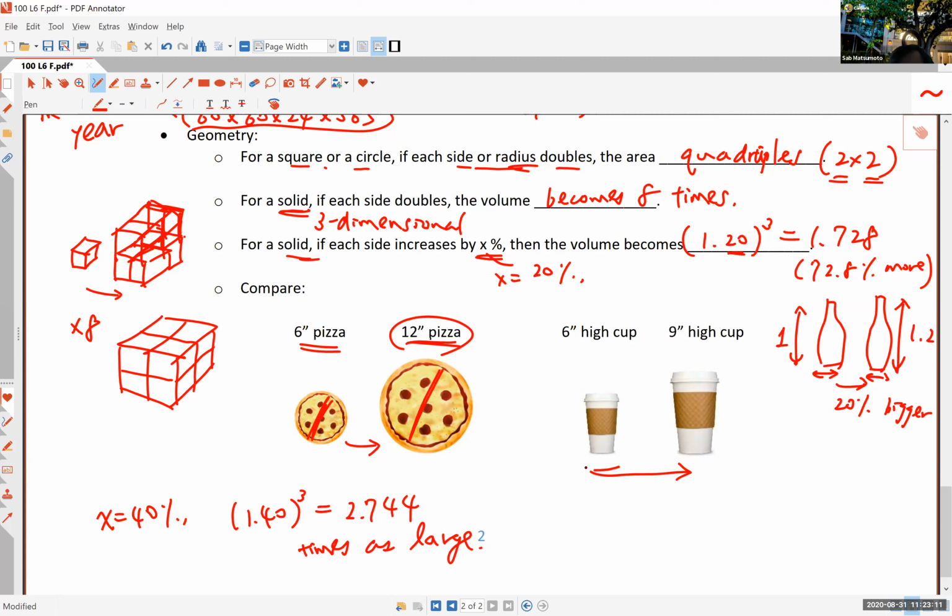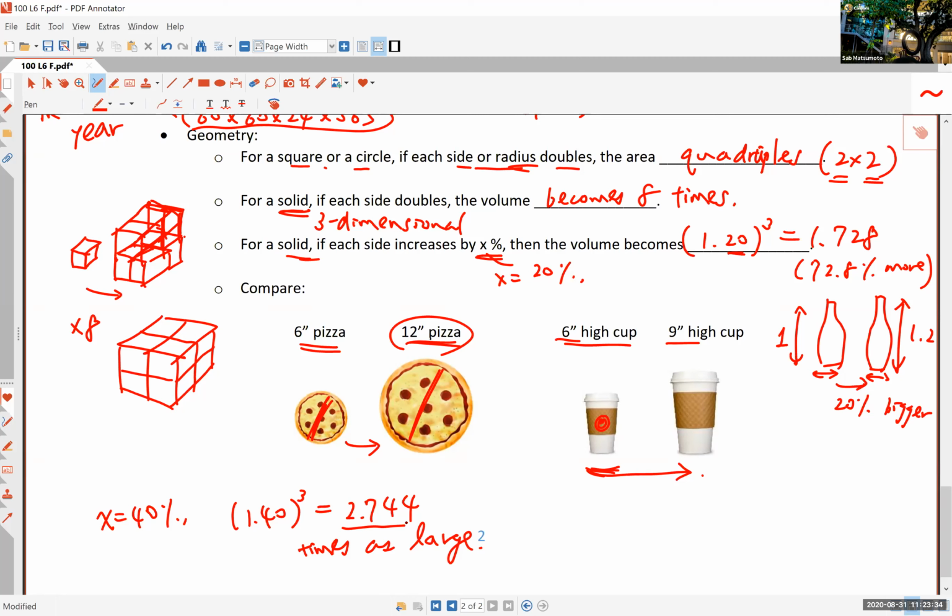Let's say you are given this cup. If it's 40% larger in every dimension, then the new cup is going to be 2.744 times as big as the original.